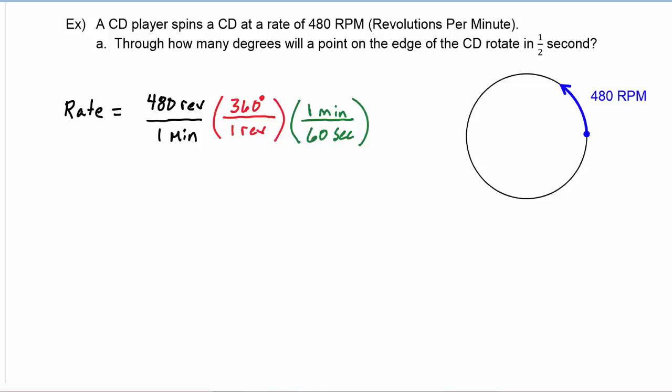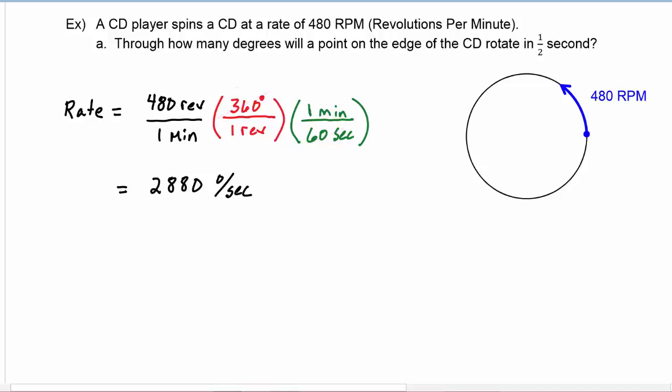Now, when we multiply all this out, we multiply 480 times 360 and then divide by 60, or of course we could cancel 60 into 360 6 times and then multiply that times 480. We get 2,880 degrees per second would be the units.